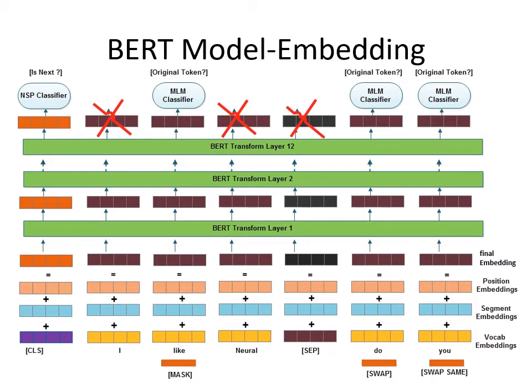Regarding the embedding of the model, the final embedding was generated after concatenation of vocabulary embedding, segment embedding, and position embedding. Segment embedding is used to identify the two sentences separately in the next sentence prediction task. Position embedding is used to represent the position of each word in a given sentence. A sine function was used at that time for the identification of the position.